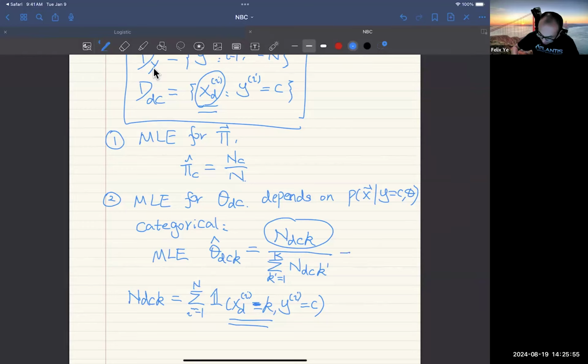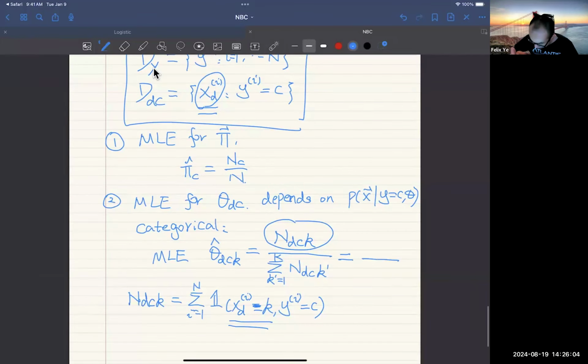It actually ends with NC, and NDCK here, because it basically marginalizes the variable xdi equal to k.